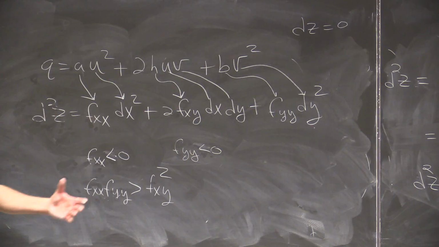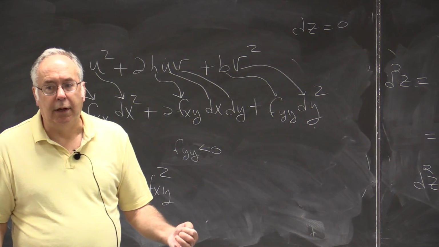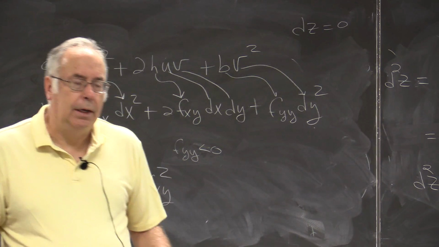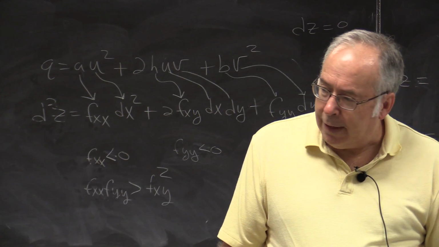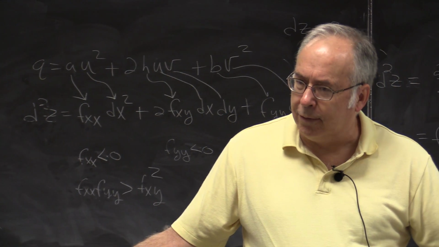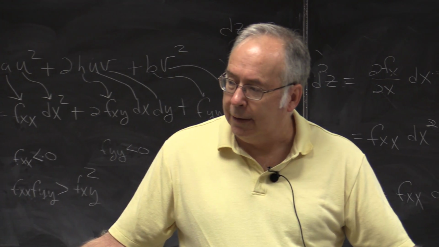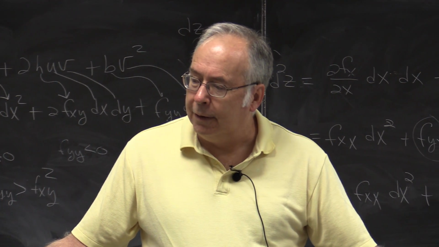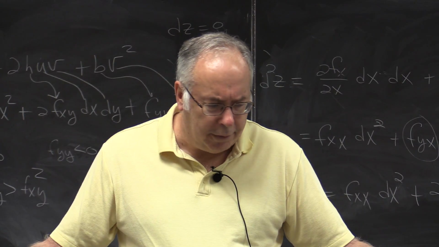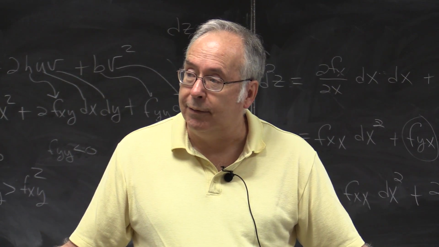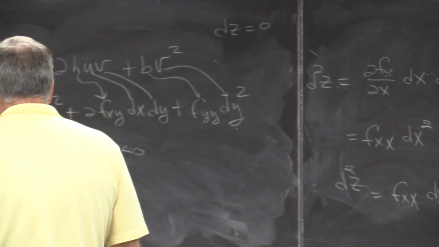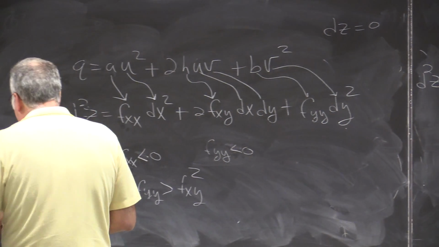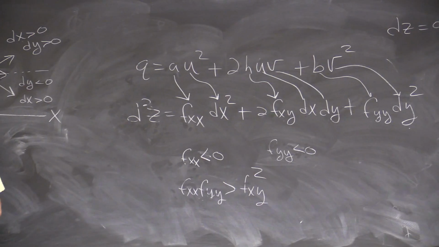So that's where these second order sufficient conditions come from. And it's extremely brilliant mathematics to figure this out, because there are really an infinite number of paths you could take. You have to figure out that the second order total differential is negative for all possible values of dx and dy. Okay, that's where the second order sufficient conditions come from.